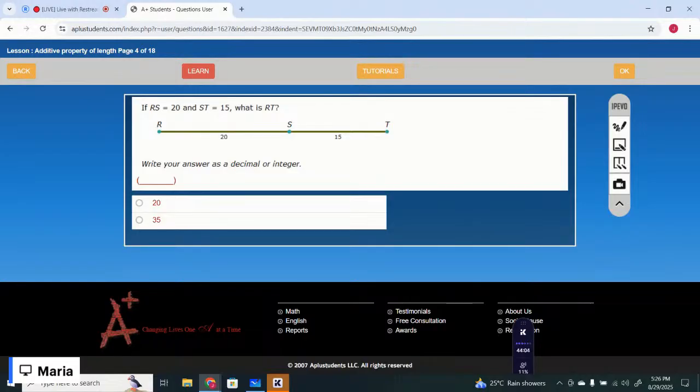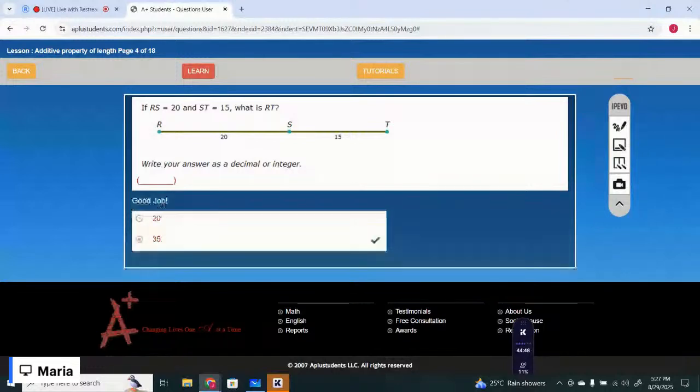If RS equals 20 and ST equals 15, what is RT? That is 35. Option number 2 is the correct option.